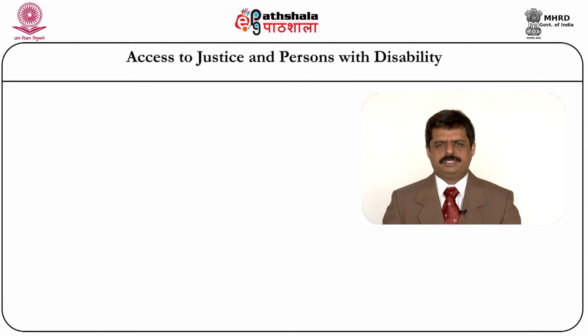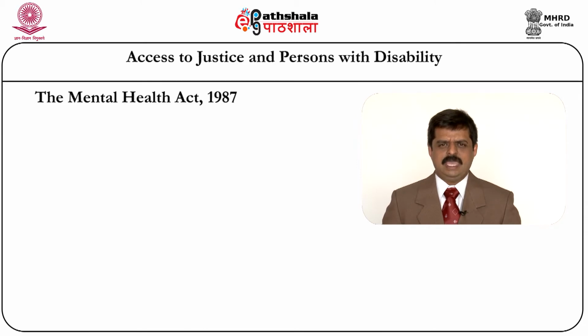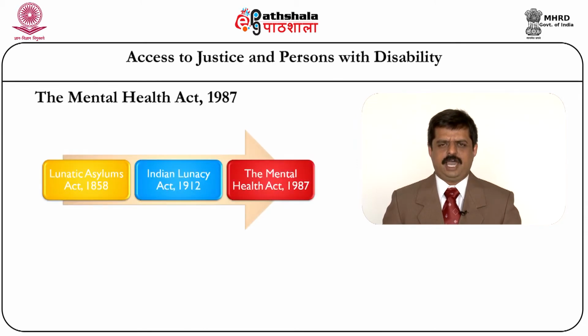So, from the Constitution, let us move on to the legislations for protecting the rights of persons with disability. As a first discussion, I am going to take up the protection given to persons with mental illness under the Mental Health Act. If you look at the evolution of the Mental Health Act, it started from 1858, where they built many asylums for lunatics.